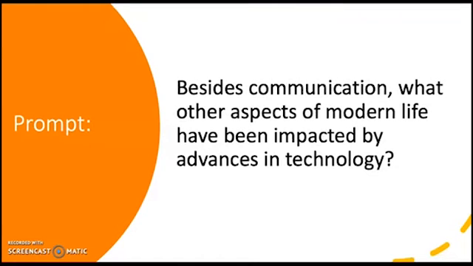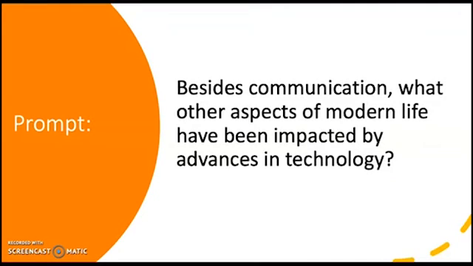Now that we've finished our 3 questions, we can go ahead and look at the writing prompt. This should be fun for you all who enjoy technology and STEM. Here is our prompt for this week. Besides communication, what other aspects or parts of modern life have been impacted by advances in technology? Think to yourself, how has life changed because of technology?